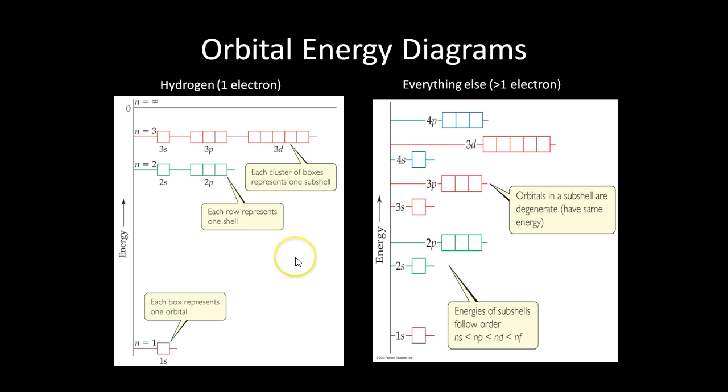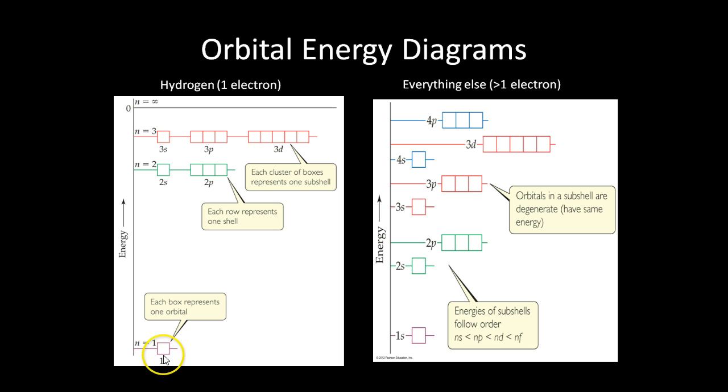So another way to represent these orbitals, instead of drawing those shapes, is to essentially just draw these energy diagrams. And remember that the energy increases as you increase the principal quantum number here. This is the energy diagram for hydrogen. For things with more than one electron, which is pretty much all other atoms, the energy diagrams look something like this, where you have the first place you can put electrons, where n is equal to 1.